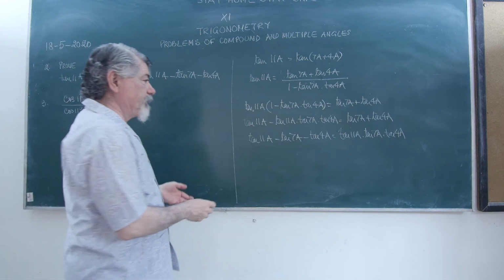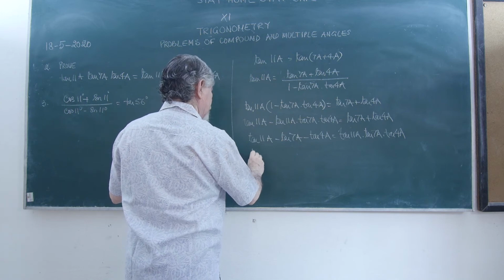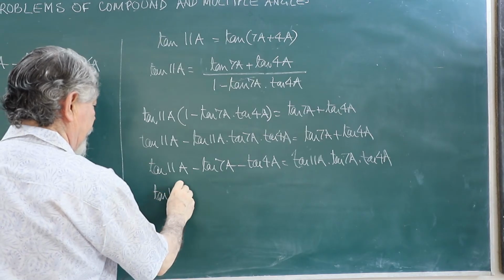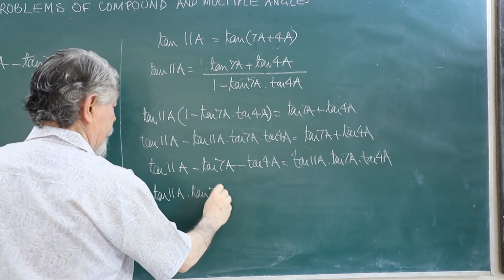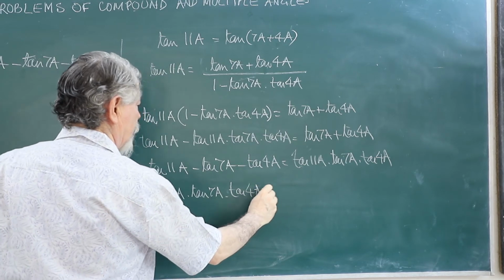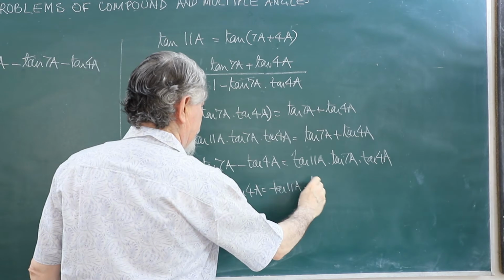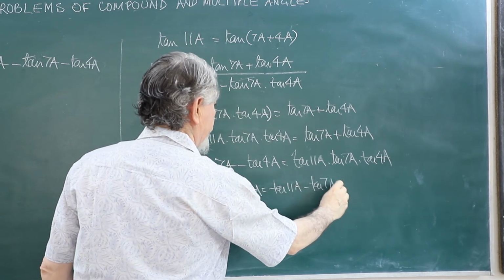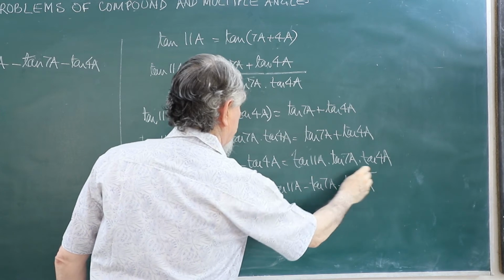I can interchange the sides to put it in the same way as it is. So tan 11A tan 7A tan 4A will be equal to tan 11A minus tan 7A minus tan 4A. So you get what you wanted.